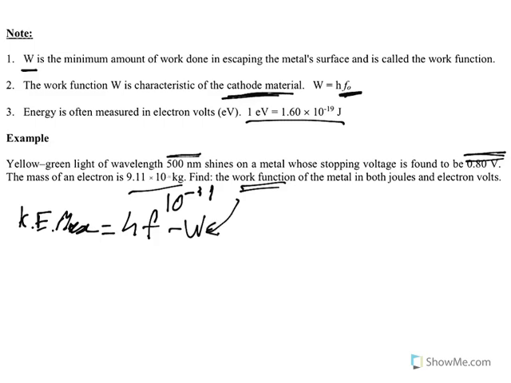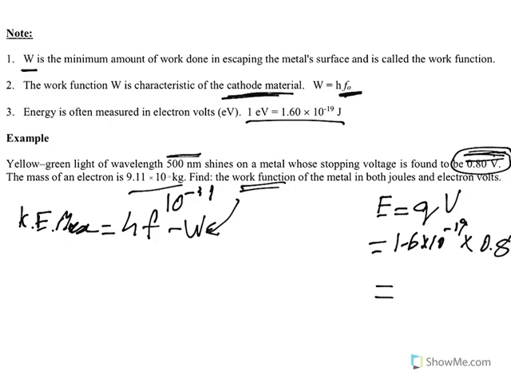Our kinetic energy is going to be related to our stopping voltage, because E equals QV. So that will be 1.6 by 10 to the minus 19 times 0.8. Now I'm doing this a little bit differently than the way it's set out in the notes, but it's still the same thing.